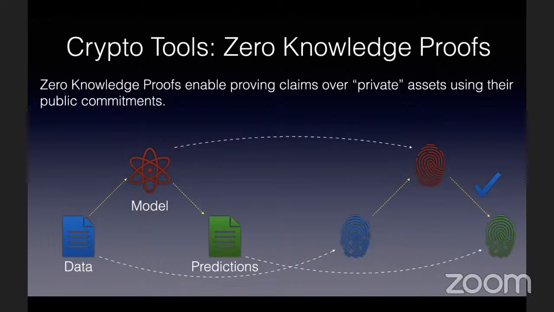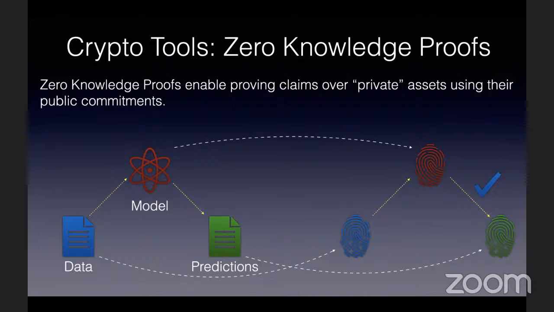Those are private assets, and if you had access to them, you could have verified it by just running the prediction function. But those private assets are only available with the person who owns them. To the outside world, we only have these hashes or fingerprints of these assets: some hash of the model, some hash of the data, and some hash of the predictions.